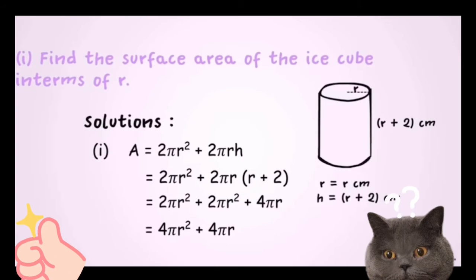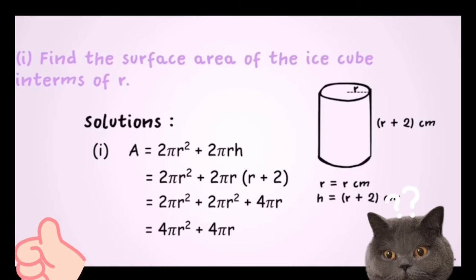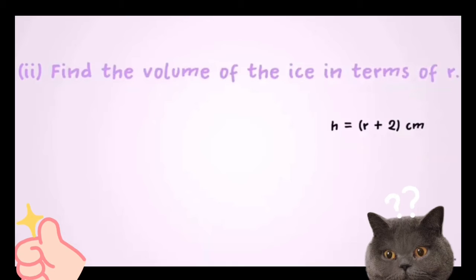Then we substitute the height into the formula and it becomes 2 pi r squared plus 2 pi r (r plus 2), and then it becomes 2 pi r squared plus 2 pi r squared plus 4 pi r, and the final answer is 4 pi r squared plus 4 pi r. Alright, let's go to the next question.